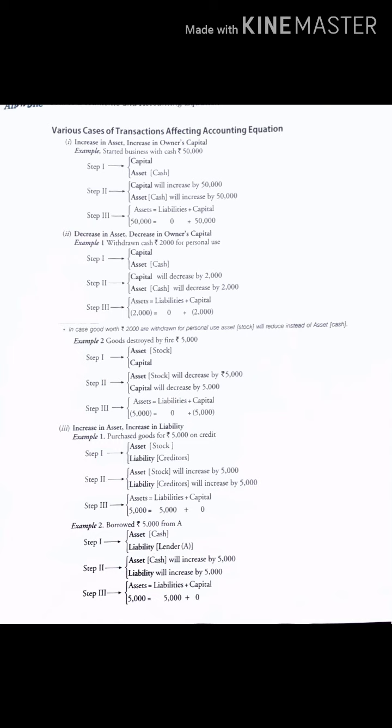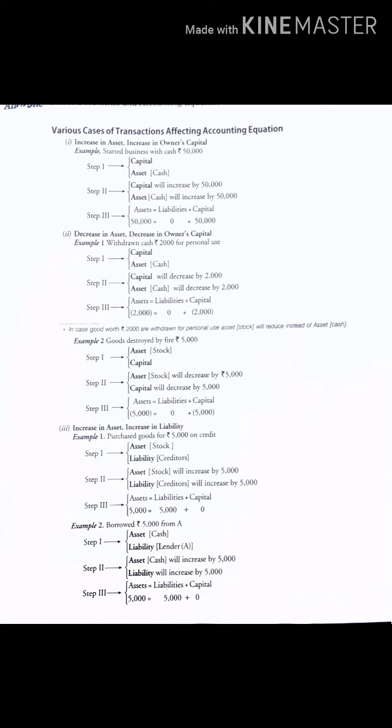Now let's check out the equation. What is my equation? Assets equals liabilities plus capital. Now what is my asset? 5000. Again 5000 is a loss, minus. So if my 5000 is in minus, what will I do? I will put it in bracket. Why? Because this 5000 is destroyed by fire. It is not in existence.